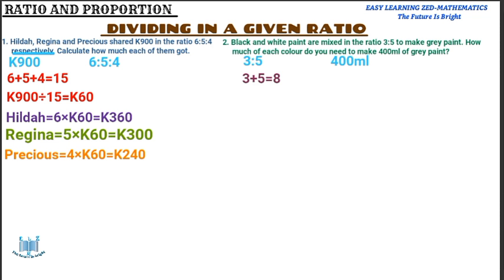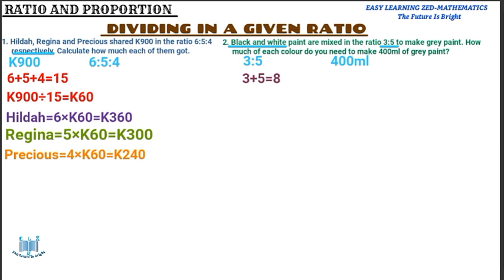So what is important is we need to know how much black paint we need. To know that, we're going to use the ratio given, which is 3:5. Now remember, you need to focus on this statement, black and white, as well as this ratio, which is 3:5.